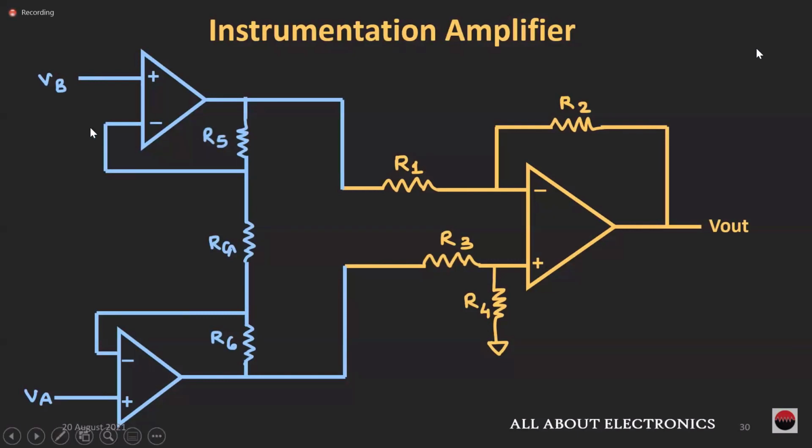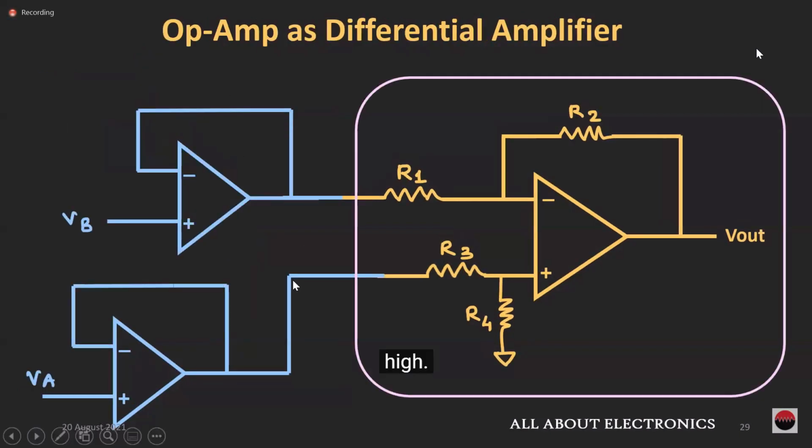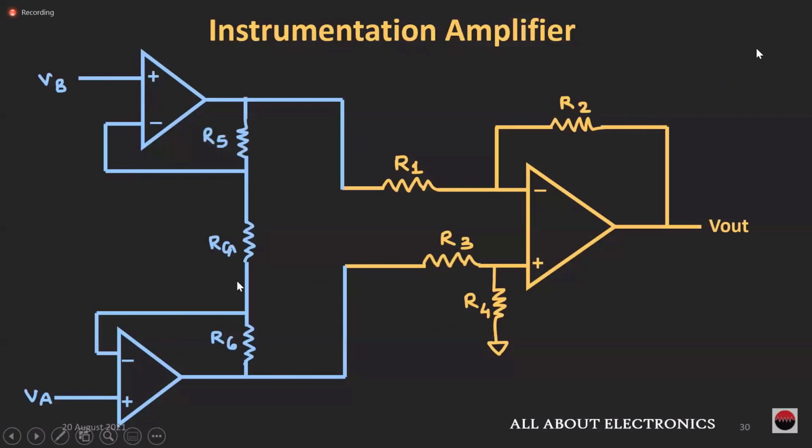In previous circuit, there are no resistors in between two voltage followers, but here we have three resistors.